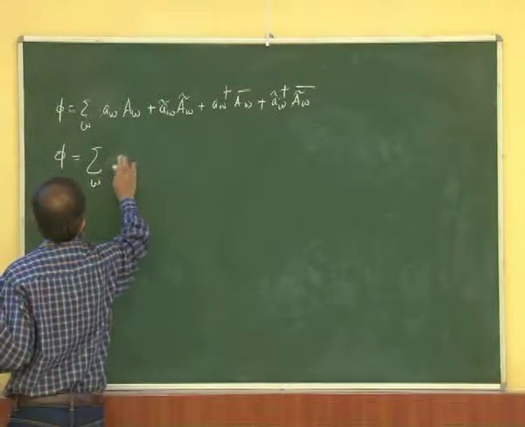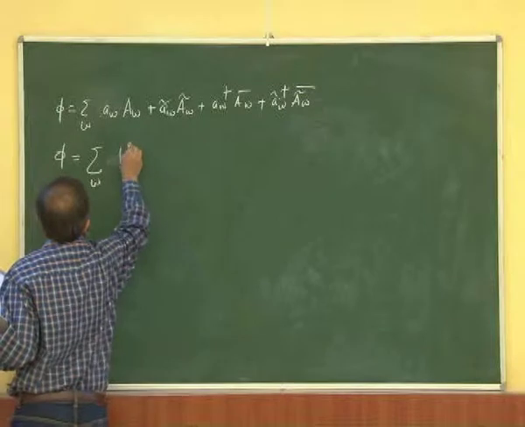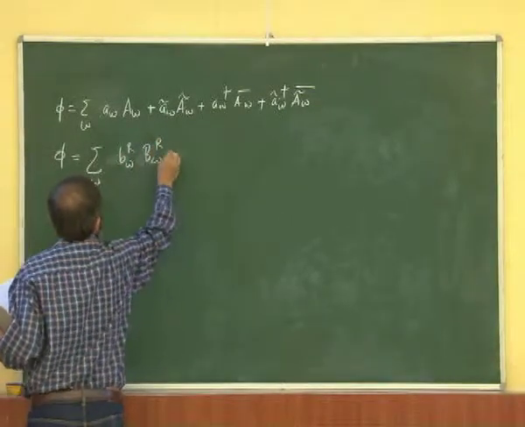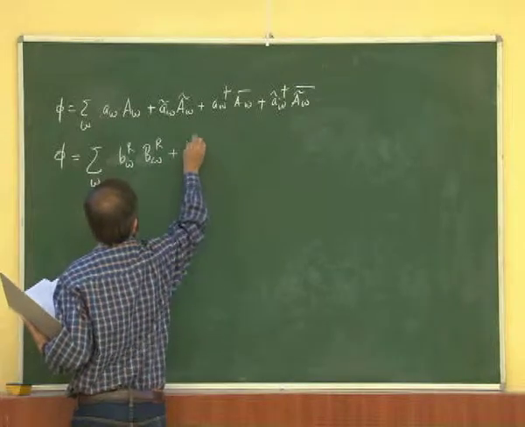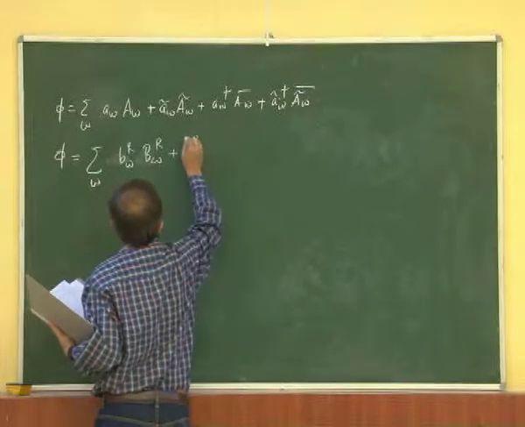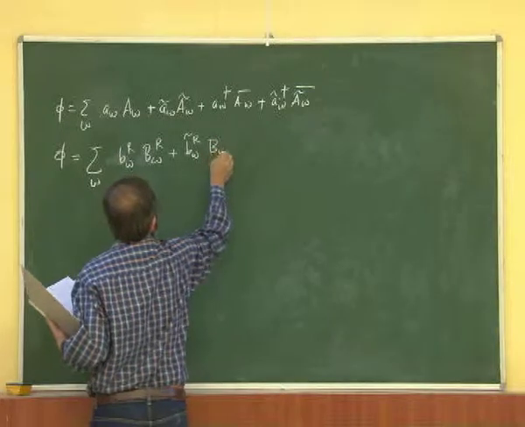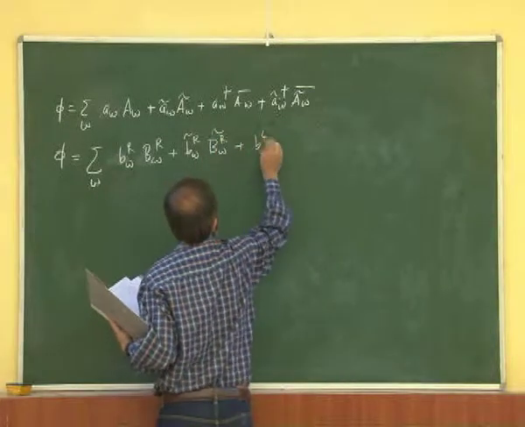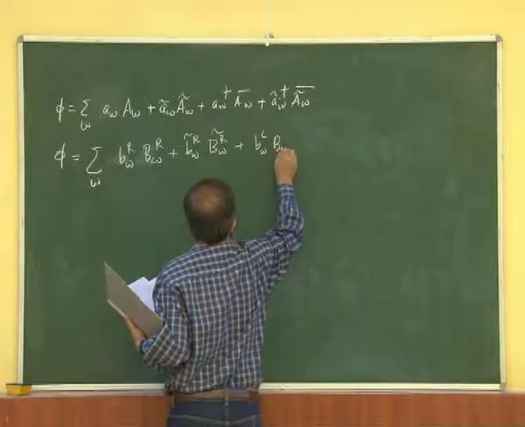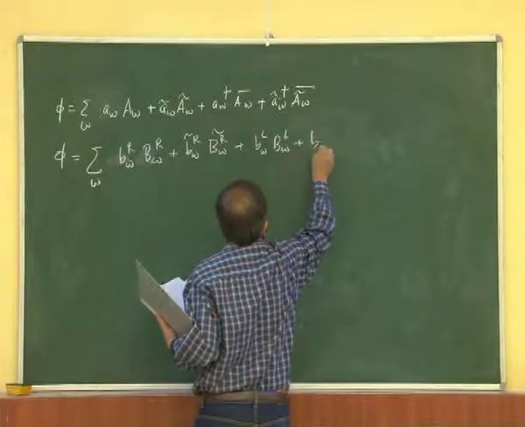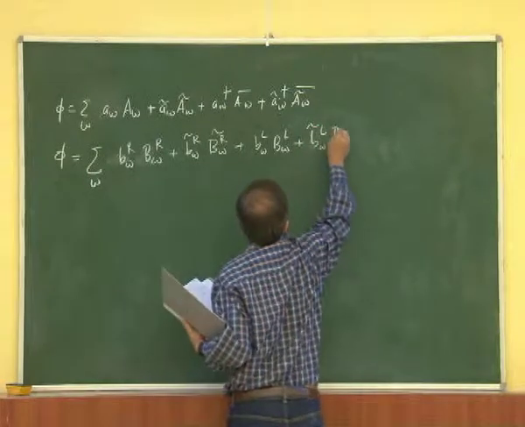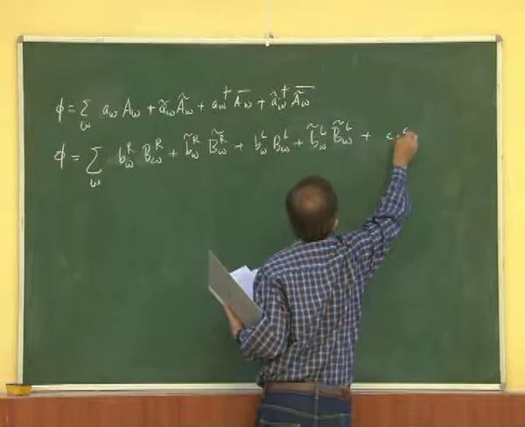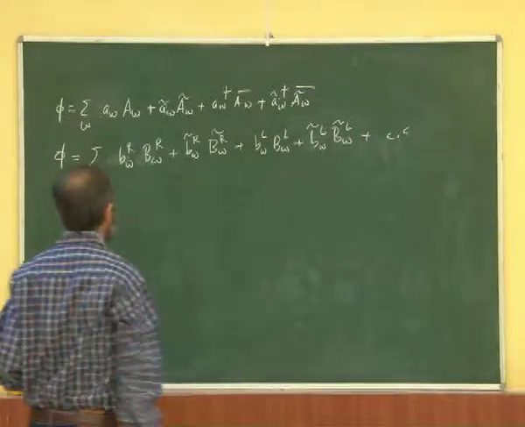So it will be like B omega r plus the small fellows on the left plus their complex conjugates, which I'm not writing.